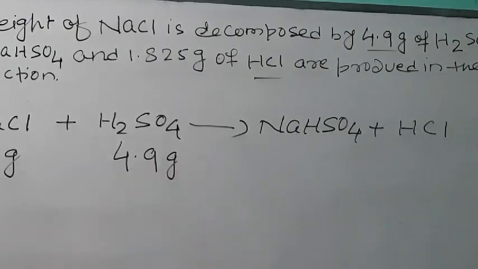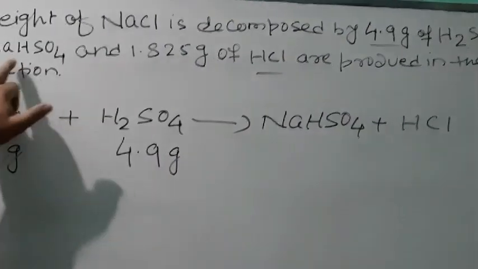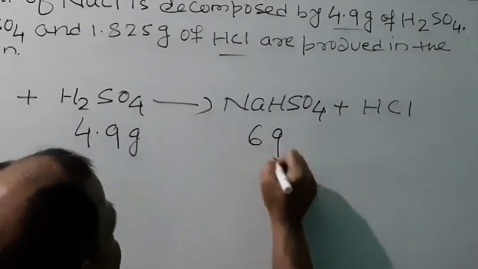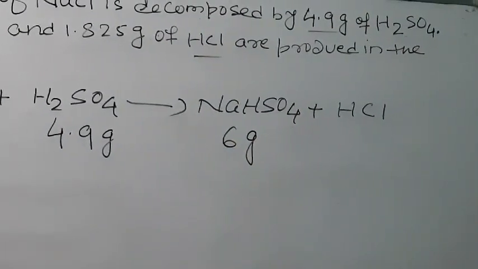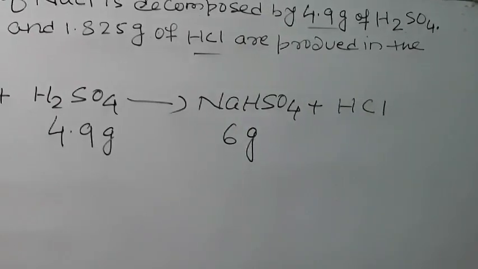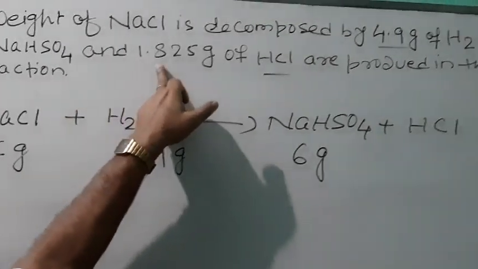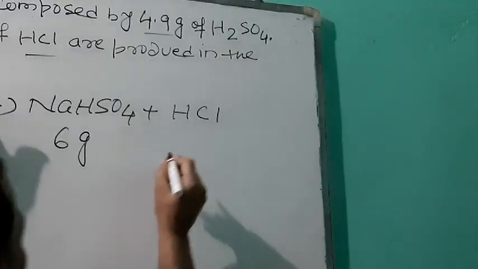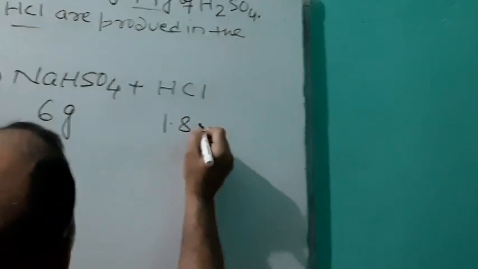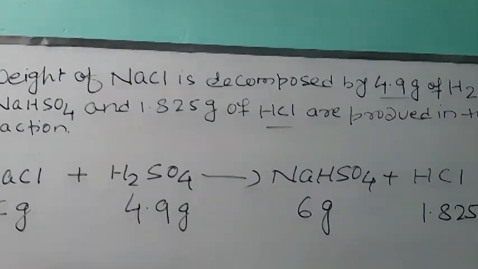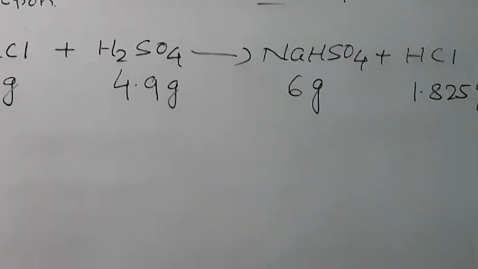The mass of sodium hydrogen sulfate is given, 6 gram, and 1.825 gram of HCl is given.